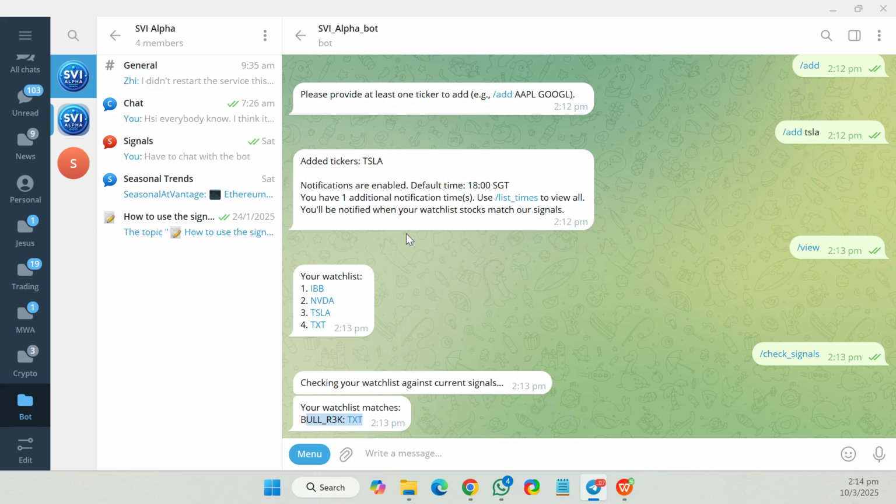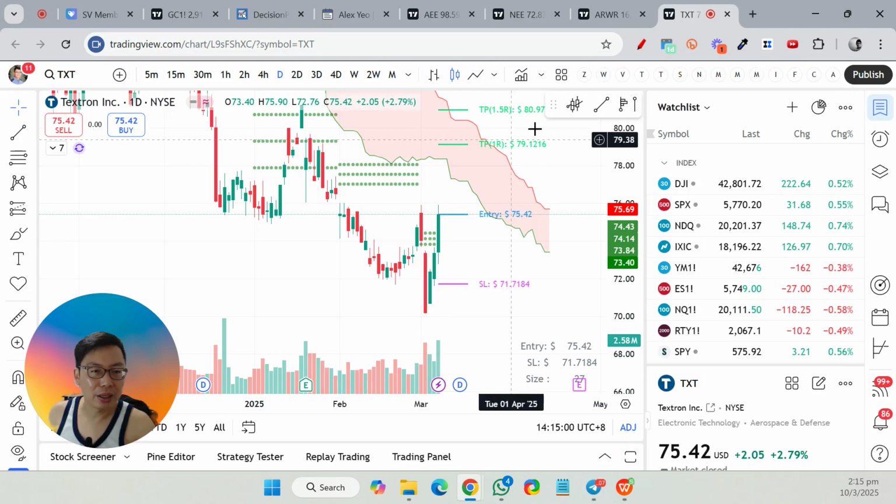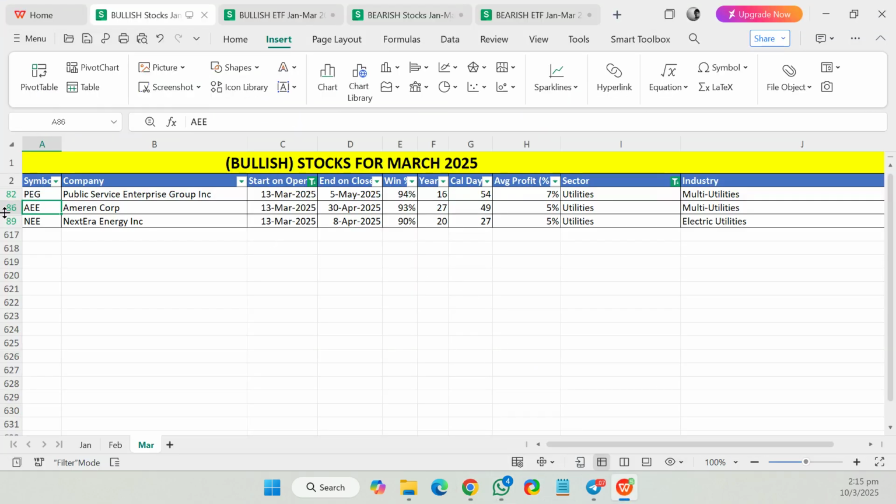Once again, I forgot to tell you, from this week onwards, the market will open at 9:30 p.m. The daylight saving time is in action right now. So the market will start at 9:30 p.m., no longer at 10:30. So once again, a reminder for this coming week, the only long setup that I might consider to enter is only AEE, Amarin Corp, 13 March to 30th April.